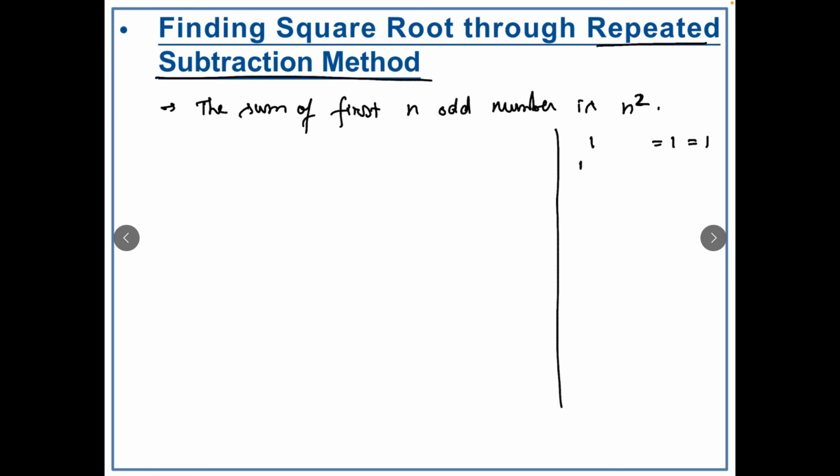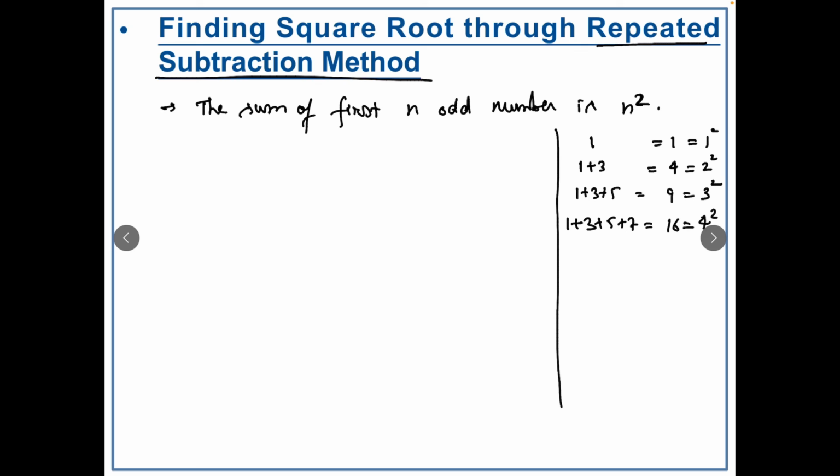If you take the next odd number, that is 1 plus 3, the sum of 1 plus 3 is 4, which is the square of 2. If you add 1 plus 3 plus 5, you'll get 9, which is the square of 3. So we can write it as 1 square, 2 square, 3 square. If you add 4 odd natural numbers, that is 1 plus 3 plus 5 plus 7, it is equal to 16, which is the square of 4. Okay, that's what we studied while studying the patterns in square numbers.